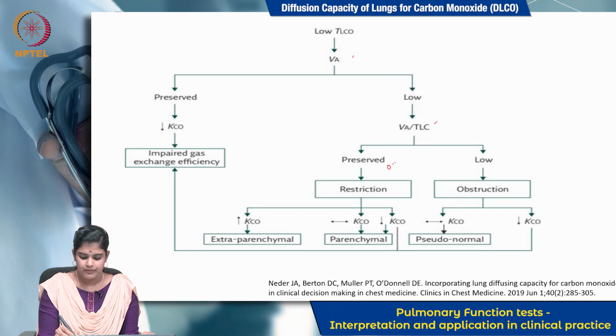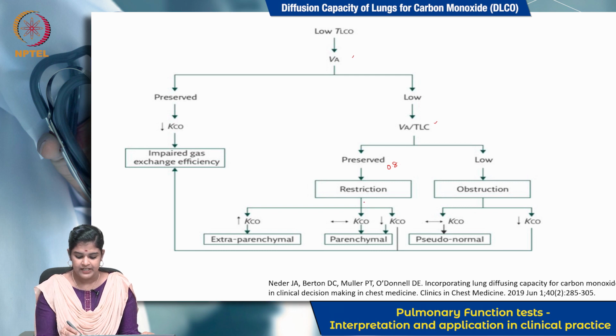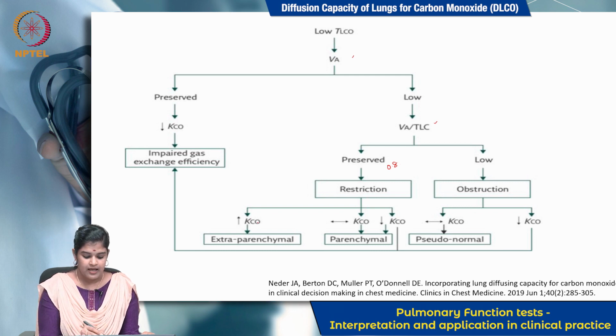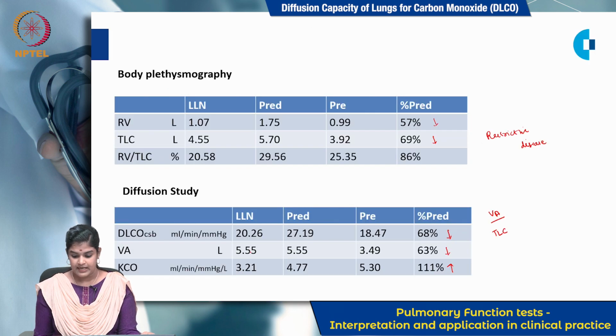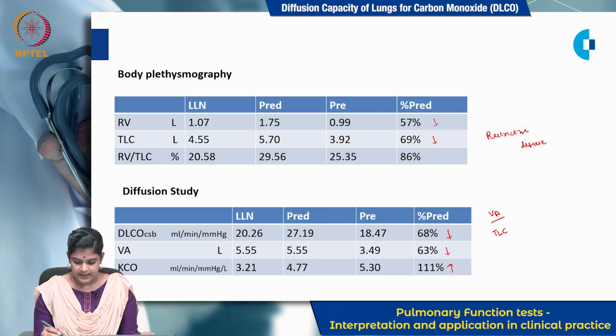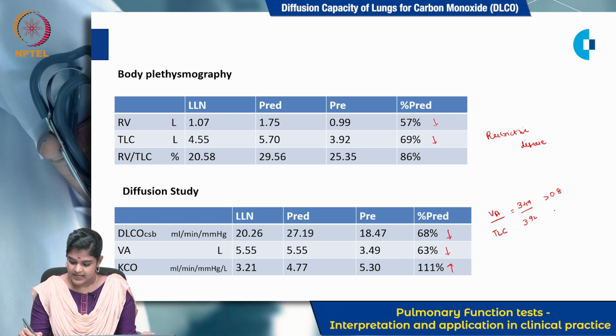If it is more than 0.8, then it is suggestive of restriction. Where KCO is high, it is suggestive of extraparenchymal disease. Like in our report here, we see that VA by TLC, 3.49 by 3.92, is more than 0.8, suggestive of a restrictive disease where KCO is high. So, it is mostly suggestive of an extraparenchymal disease like a neuromuscular disease.